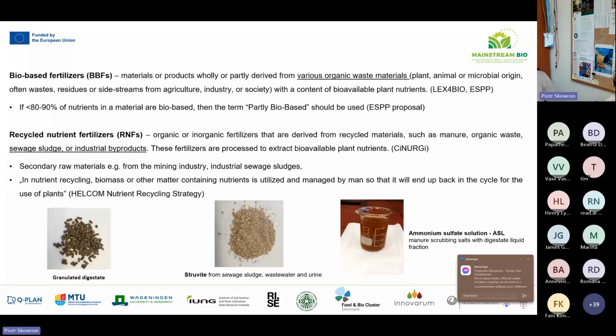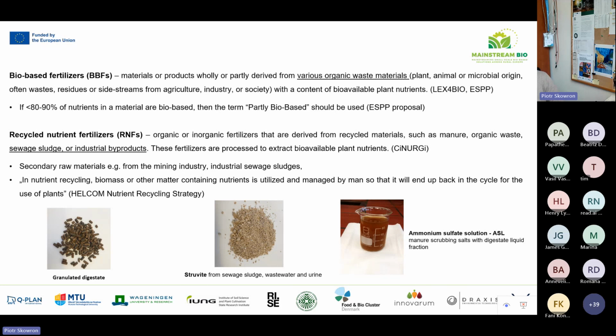And when we talk about nutrient recycling practices, we also have to talk about bio-based fertilizers and recycled nutrient fertilizers. You can find these definitions in some projects.